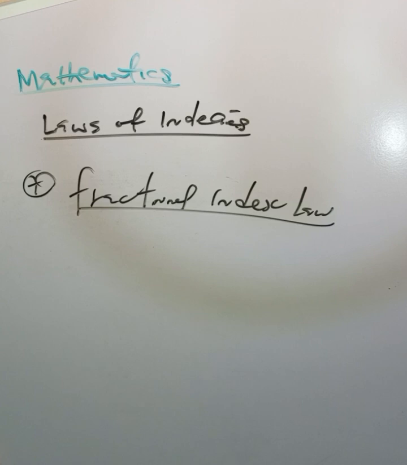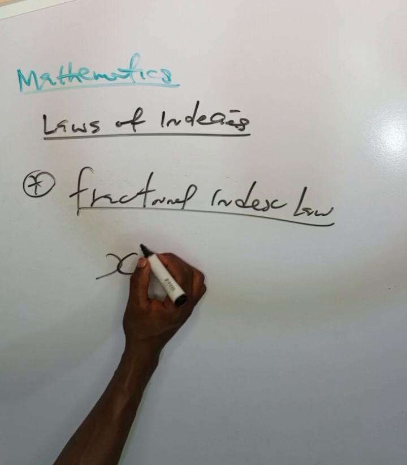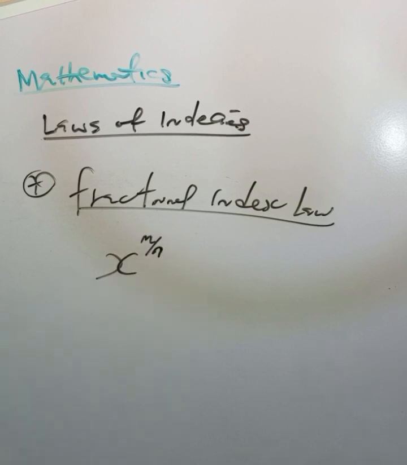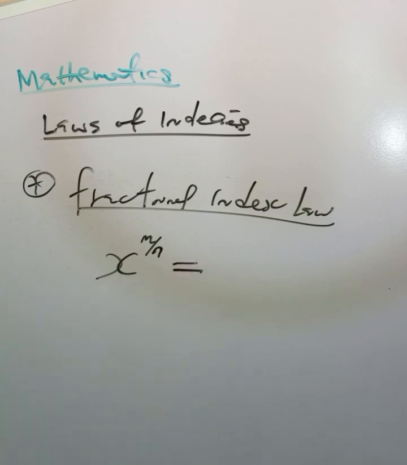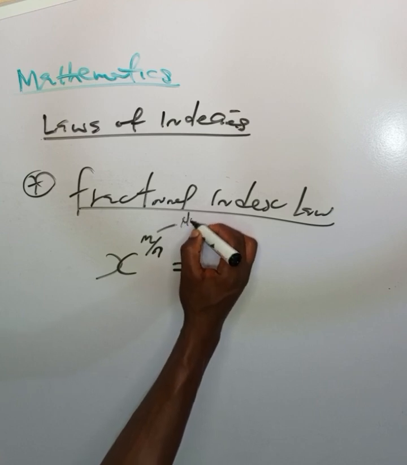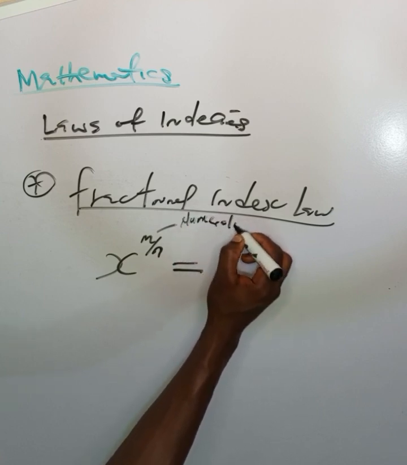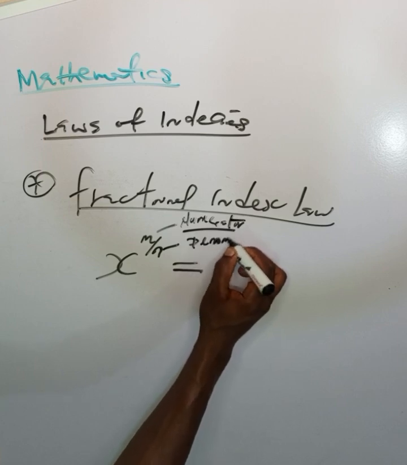When the power is a fraction, for example, x raised to power m over n, in this fraction, m is the numerator, while n is the denominator.